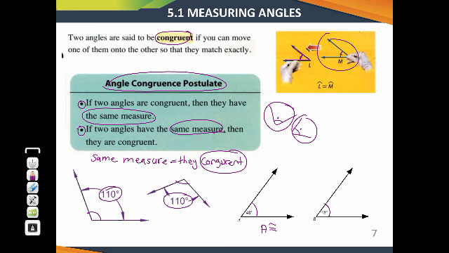This is the sign of congruent, one equal and one like this, 2B, 2B. Or if we have C and D in here, we can say C is congruent to D. Congruent means they have the same measure. This is congruent.